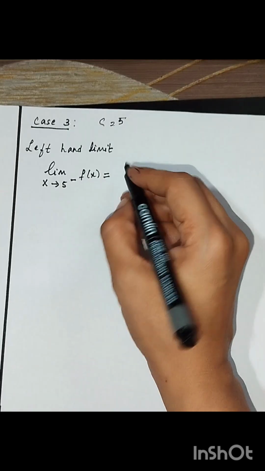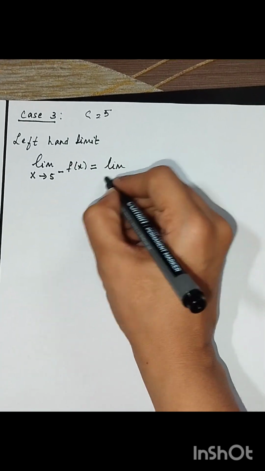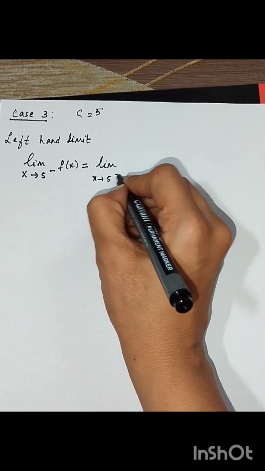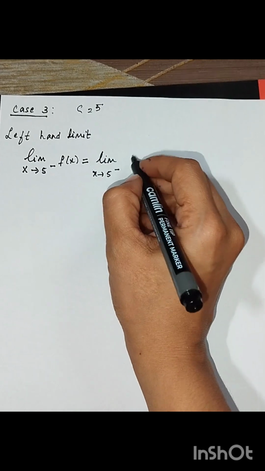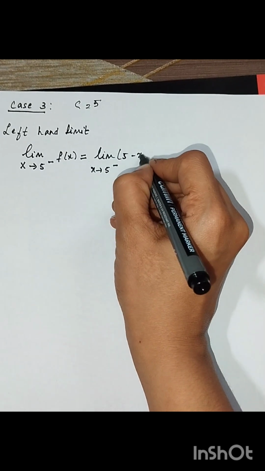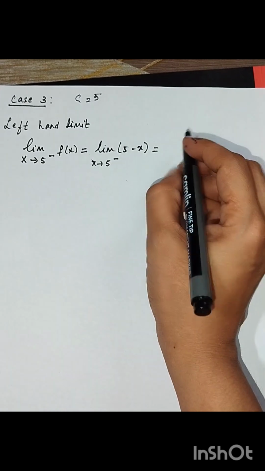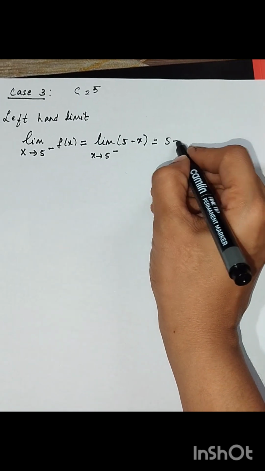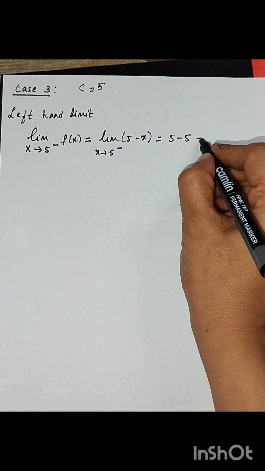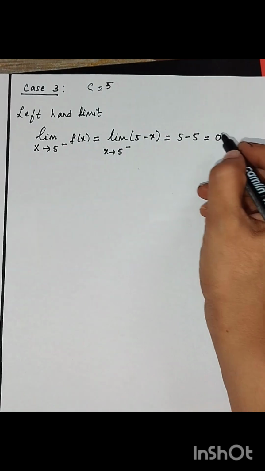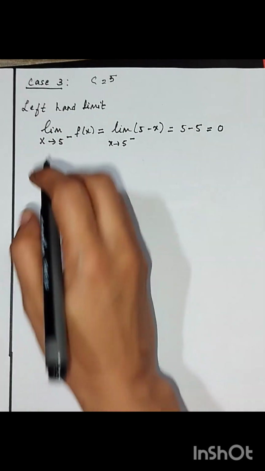So the limit as x approaches 5 from the left of the function 5 minus x. Now this is a polynomial function, so the limit exists. You will write 5 minus 5, which is equal to 0. So the limit value is 0.